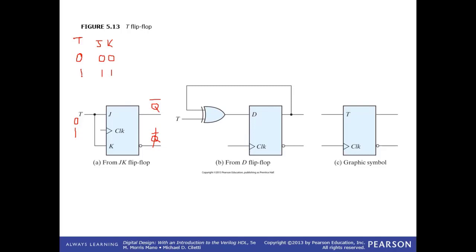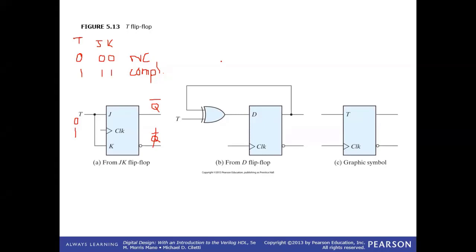If this is 1, both J and K are equal to 1, representing the state where the output is complemented. This means that if we had 0, 1 at the output, we'll have 1, 0 at the output, or if we have 1, 0, after toggling we'll have 0, 1.